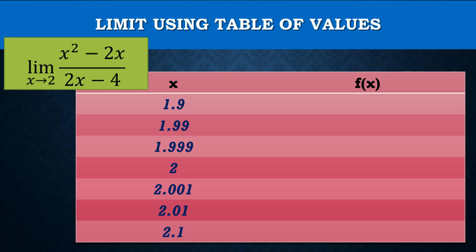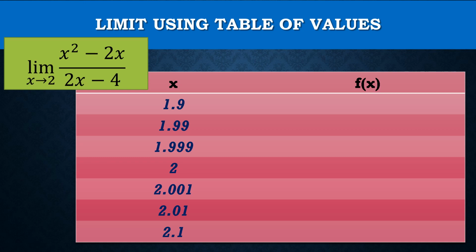So we have here your 1.9, 1.99, 1.999. Again, set values po ito. Okay? So bahala ka na mag-isip kung ano yung mga values mo as long as papalapit tayo sa ating c, which is 2. Ito naman, after ng 2, we have 2.001, 2.01, 2.1.